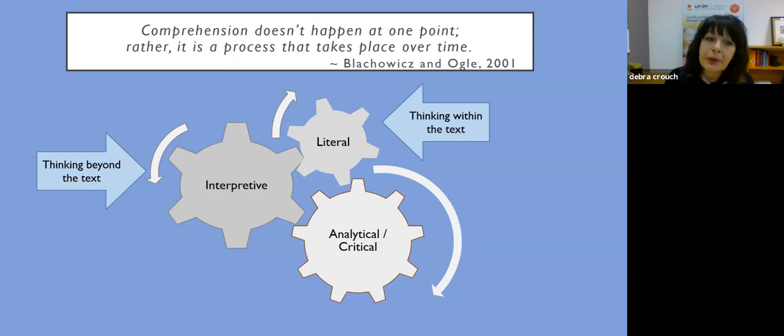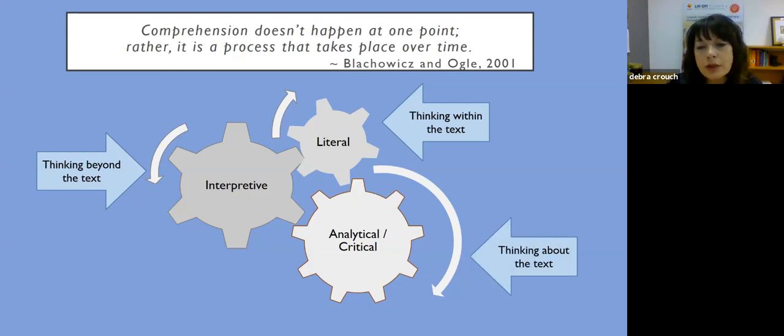And then another part of interpretive is synthesizing, where we're taking the information that we're getting and putting it together and building our meaning across a text. But also it's making sure that we're understanding the bigger messages that are there as we mix the text with our own thinking.